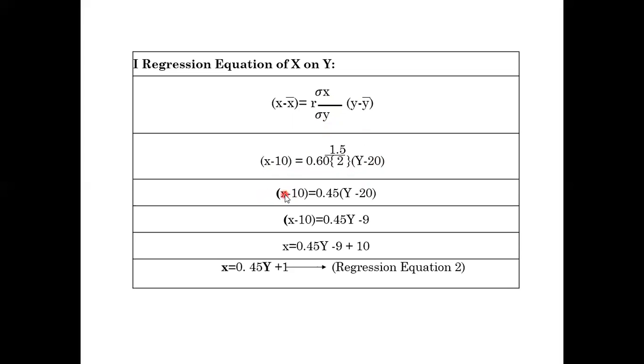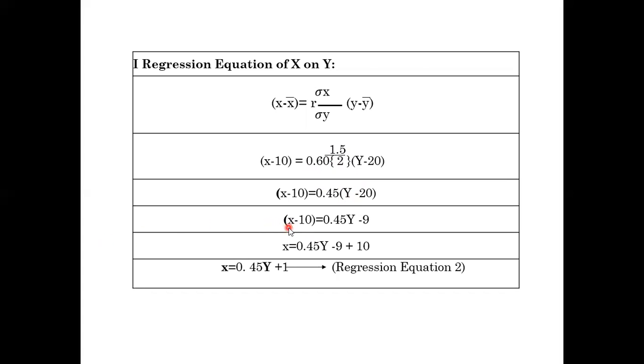So the next step is x minus 10 is equal to 0.60 into 1.5 divided by 2. If you do like that, you will get 0.45. Okay, students, see here, 0.60 into 1.5 divided by 2, you will get 0.45 into y minus 20.